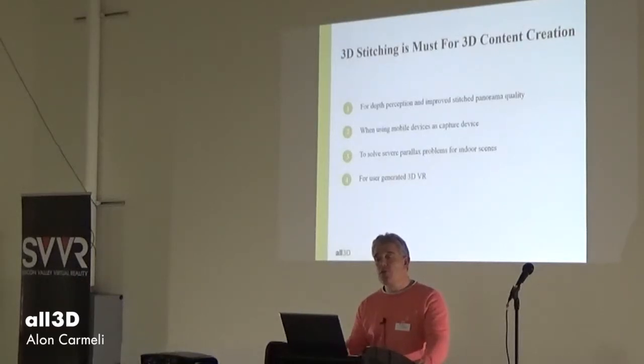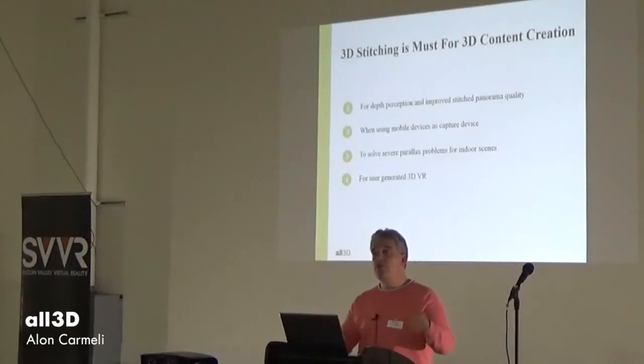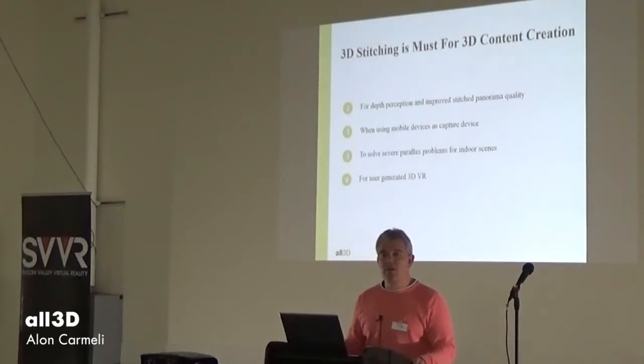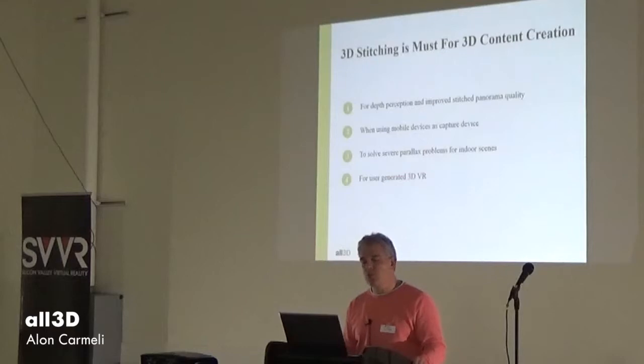Now, if you want to create a panorama on mobile devices, with the mobile device as the capture device, you must use a 3D stitch. Otherwise, as I mentioned before, many times the stitch doesn't come out well. There are a lot of artifacts. Even today, when you look at Google Street View and you zoom in, you see artifacts of buildings, trees, and cars, and they have the most money in the world to generate the best technology possible.